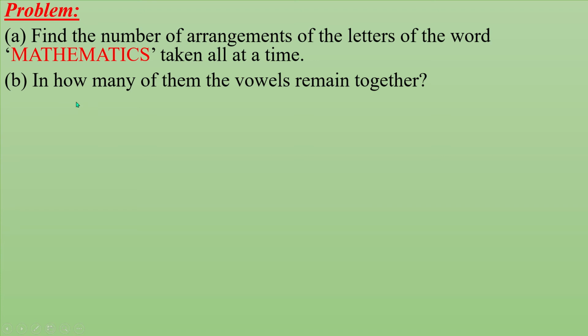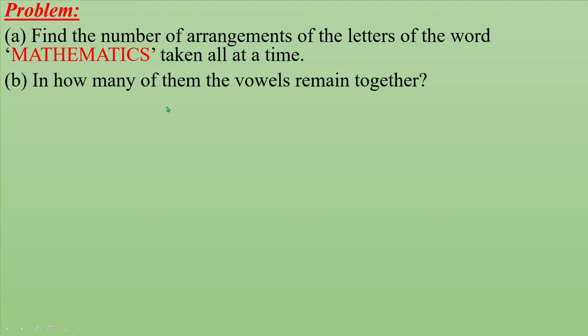That means you have to take the vowels, A, E, A, I, always together. As per example, M, A, E, A, I, then we can write the other letters, or we can write M, other letters, then A, E, A, I. That means the vowels are always together.